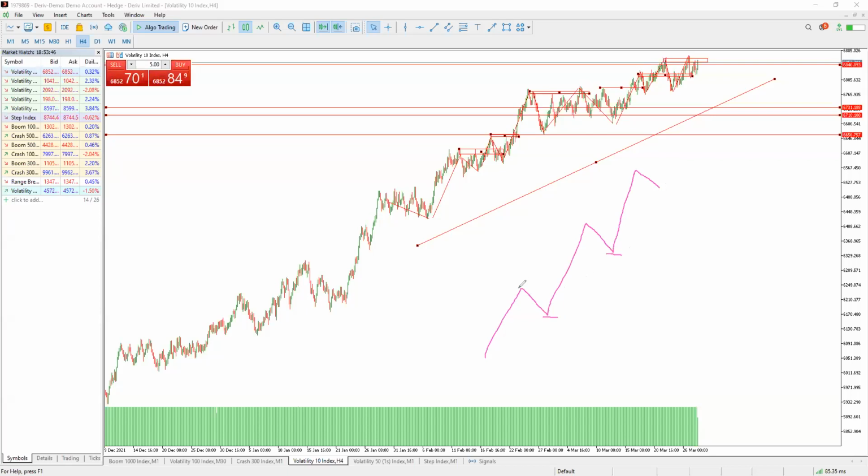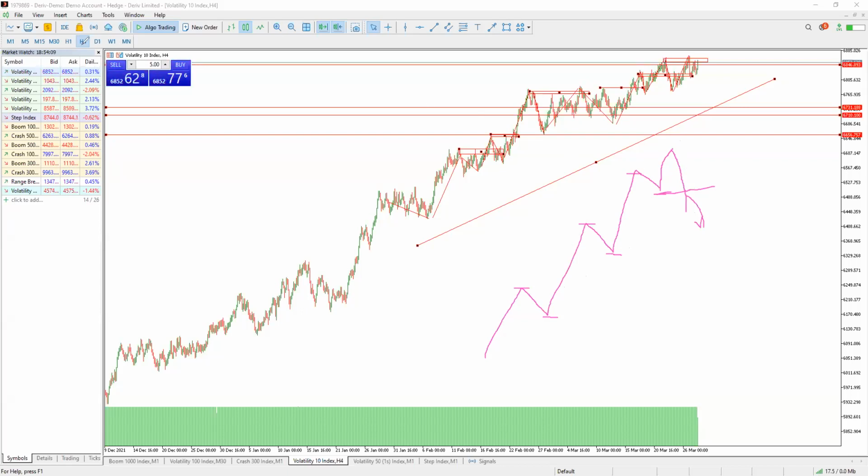As you can see, this is a high, this is a high, this is a high, and we haven't broken the previous low. But the moment we come and break this low, that means we have changed our direction and we are now going in a downtrend.